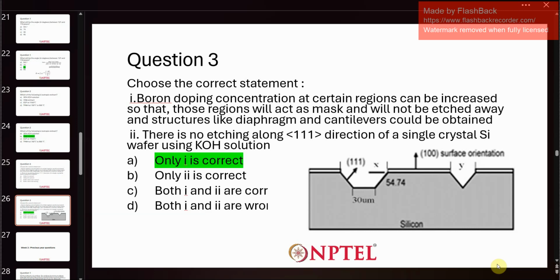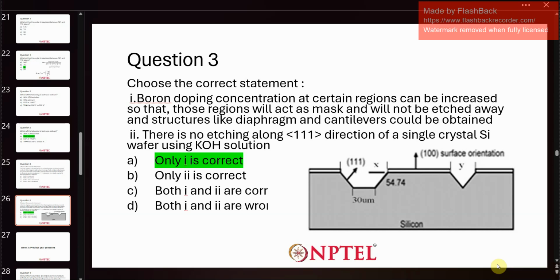Coming to the first statement, boron concentration can be increased so that the regions will act as a mask and will not be etched away, and structures like diaphragm and cantilever can be obtained. To develop something like a diaphragm or cantilever, we want a very thin film that should not be etched away. Boron acts as a blocker. If you increase the boron concentration, there will be less space for the etchant to penetrate, so there will be less etching.